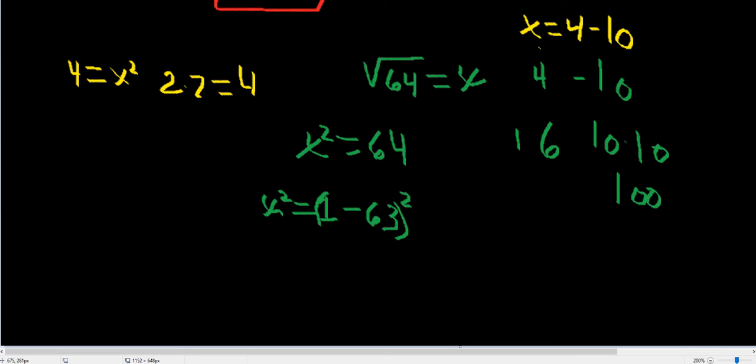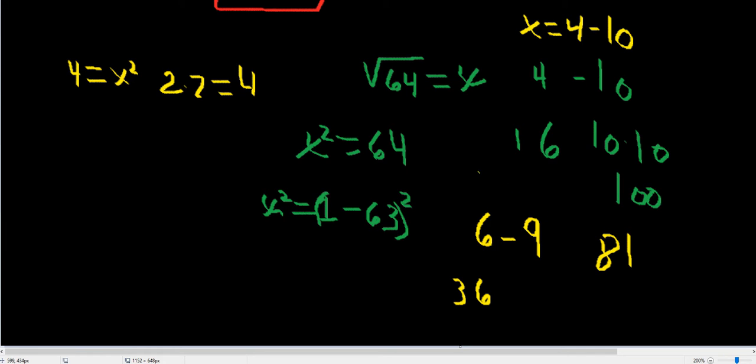And so now we have to keep simplifying it down. So we're going to go to 6 through 9. 9 times 9 is 81, and 6 times 6 is 36. So it's in between 6 and 9.